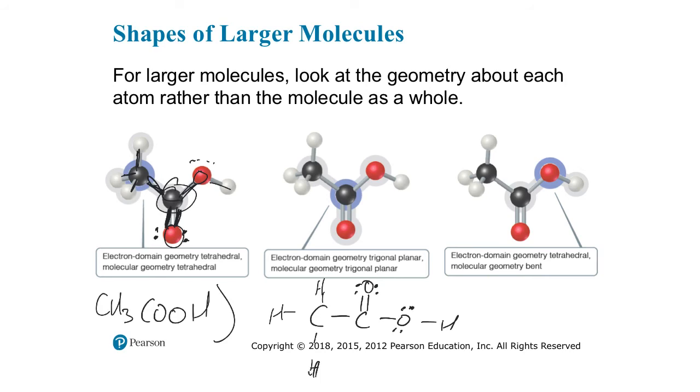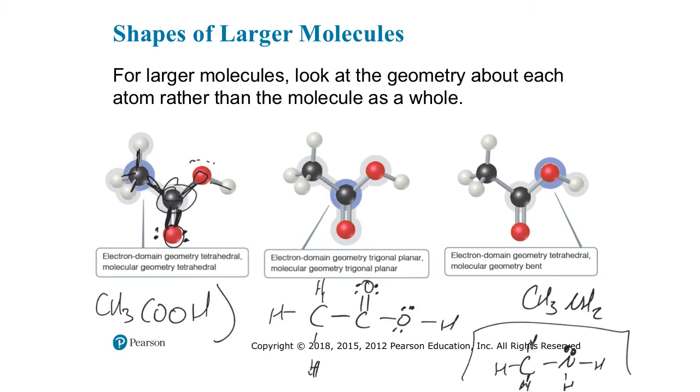You can even come up with something like CH3NH2 pretty quickly just by going CH3. Now it's just a single bond to the N because that gives carbon 4 bonds. Nitrogen likes 3 bonds and a lone pair. And so we get that pretty quickly and it's pretty easy to write for something like CH3NH2.